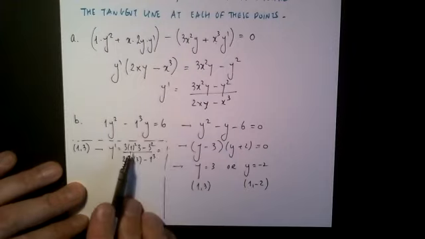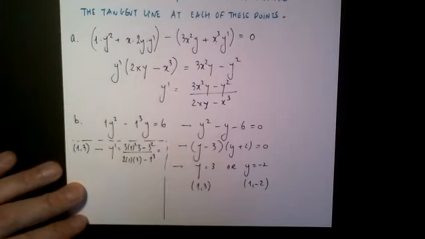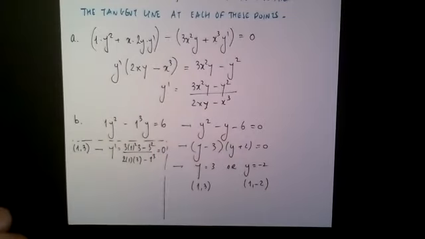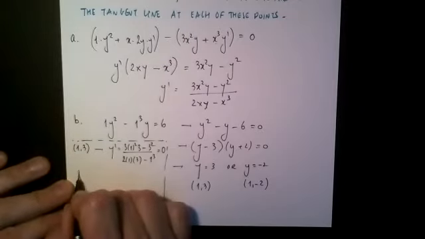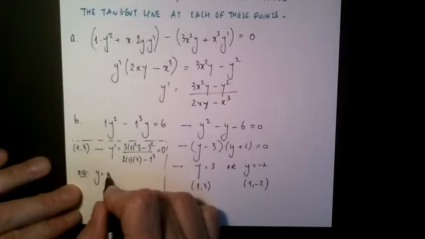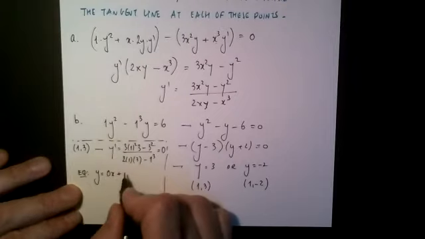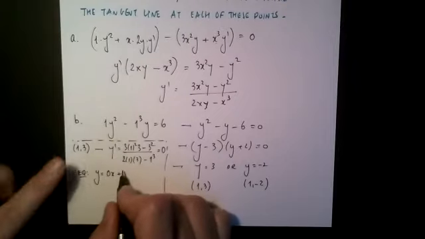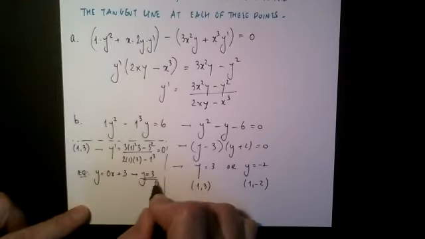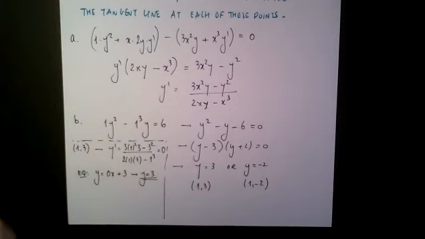And so I get 9 minus 9, I get 0. Okay, and so the equation here, y is equal to 0x plus b, and so it will be just 3. y equals 3 is the equation here.